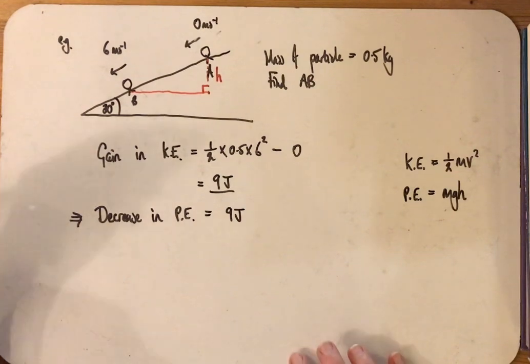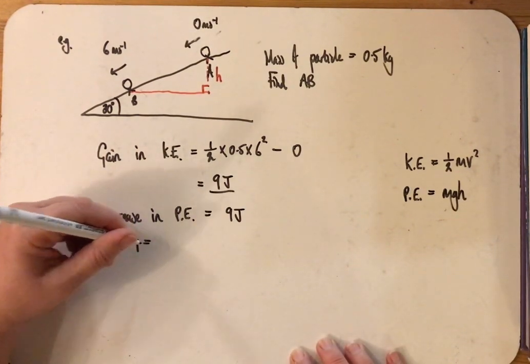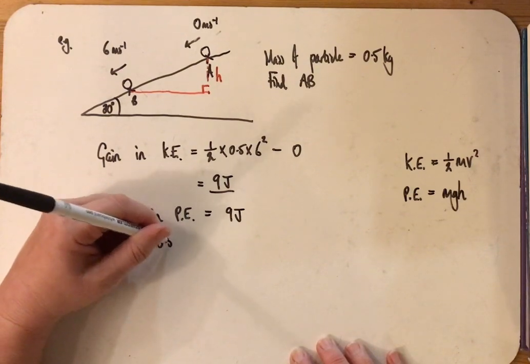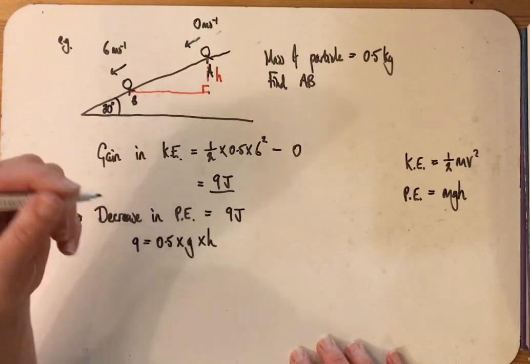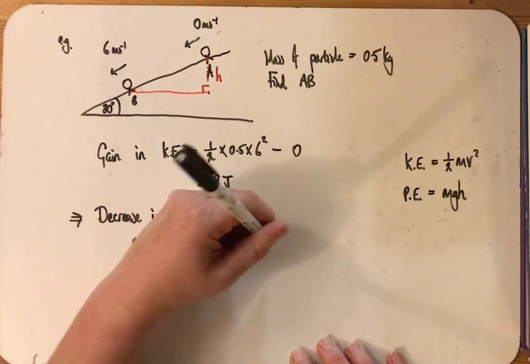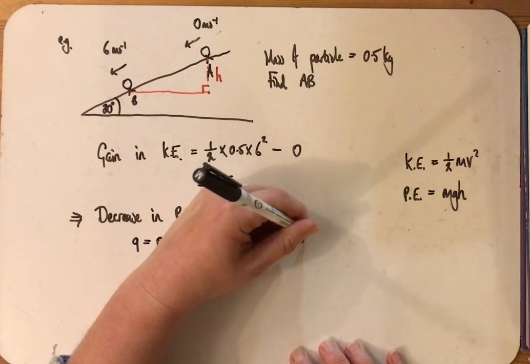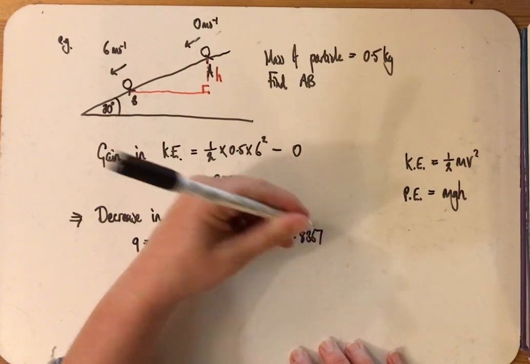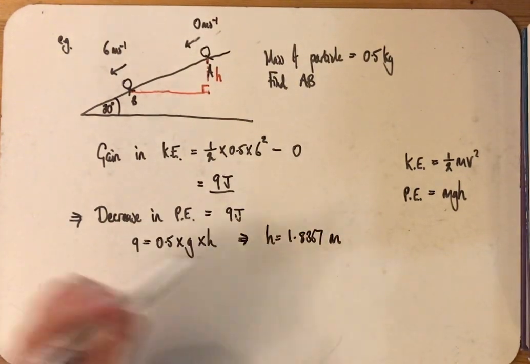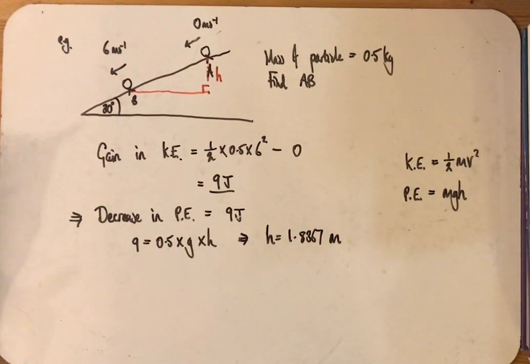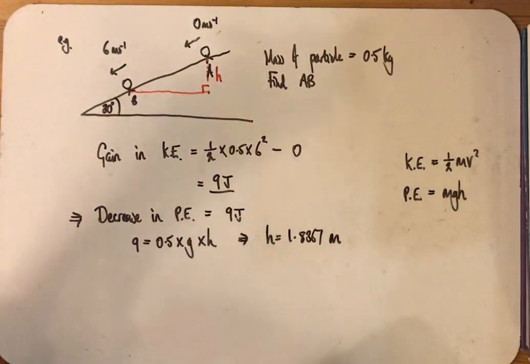So 9 is equal to m, which is 0.5, times g, 9.8, times h, which makes that height equal to 1.8367 metres. That's a bit too accurate, but because I'm using the answer again, I'm going to leave it like that for now. And then to find this length AB, we can just use trig.